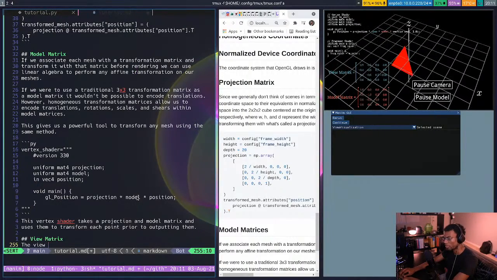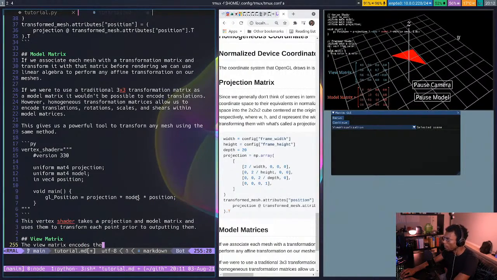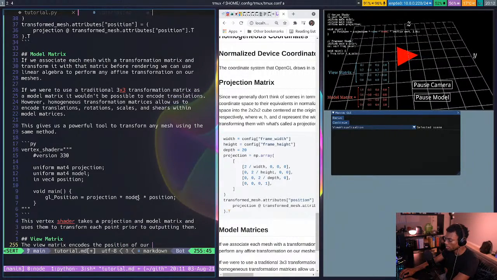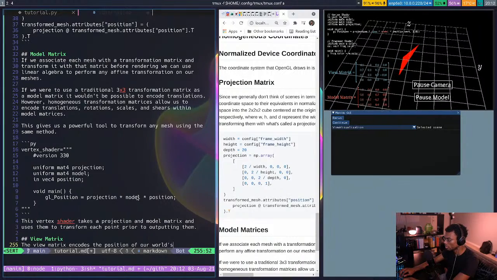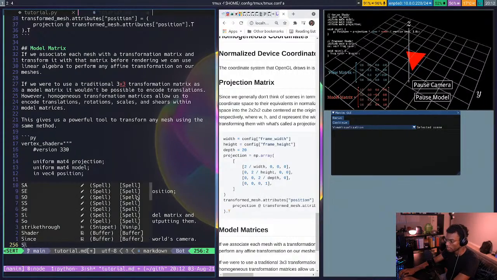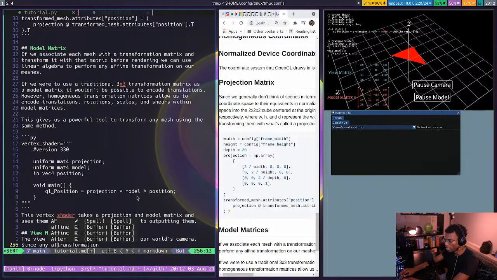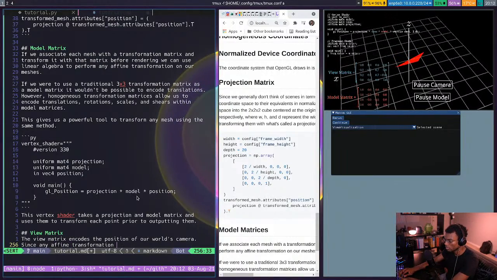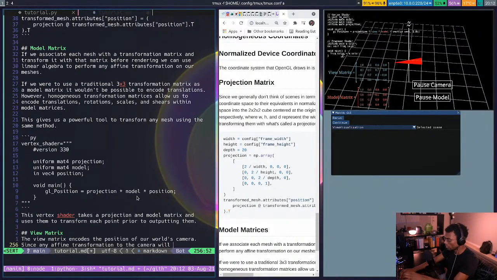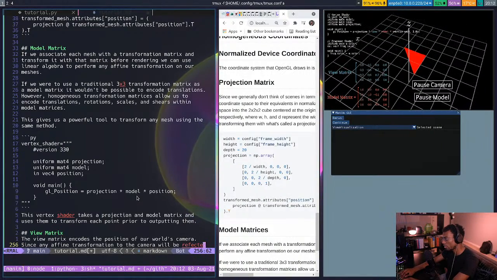The view matrix encodes the position of our world's camera. Since any affine transformation to the camera will appear as the opposite transformation, I don't know if "be reflected" is the right word.